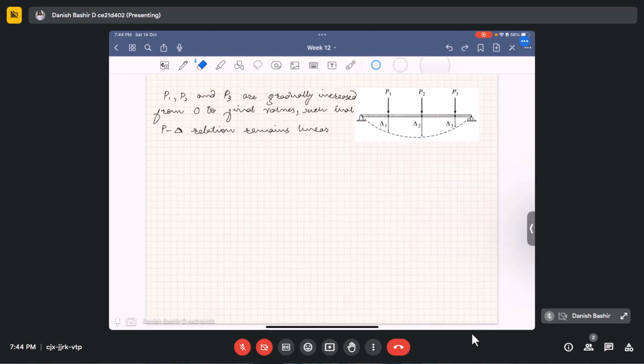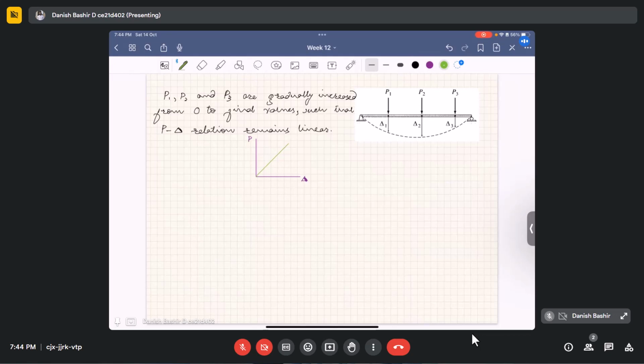What I mean by that is that, for example, if this is the P-delta curve, the relationship between them is linear.